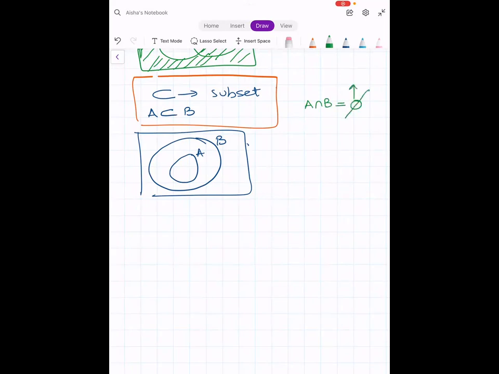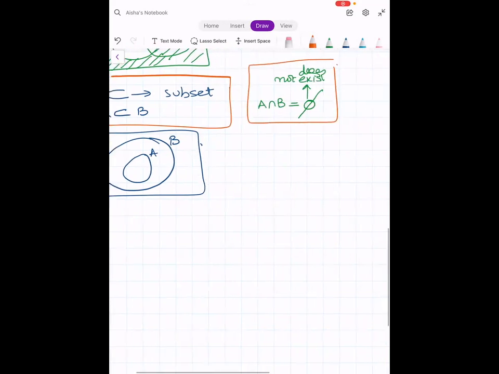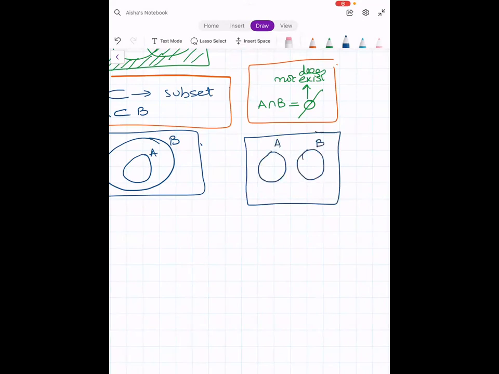It means the intersection does not exist. If I have to draw a Venn diagram, A intersection B does not exist means A is separate and B is separate. So you should know what each one of these set notations mean, okay?